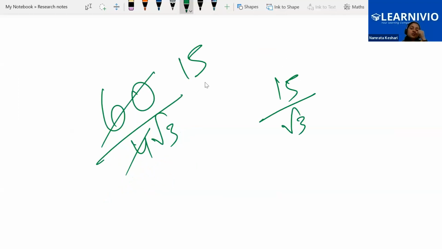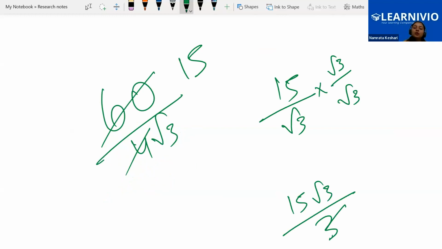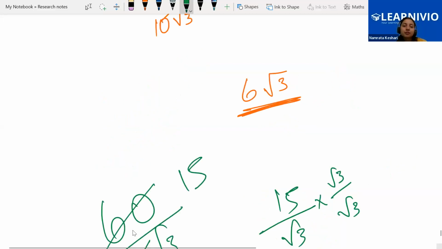In the previous class, you have learned about rationalization, right? Do you know the concept of rationalization? If we rationalize it by multiplying root 3, we are getting 15 root 3 by only 3. Only 3 will cancel this 15, which will be 5 root 3. Getting it?